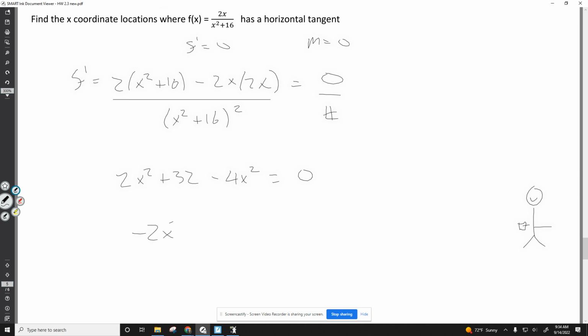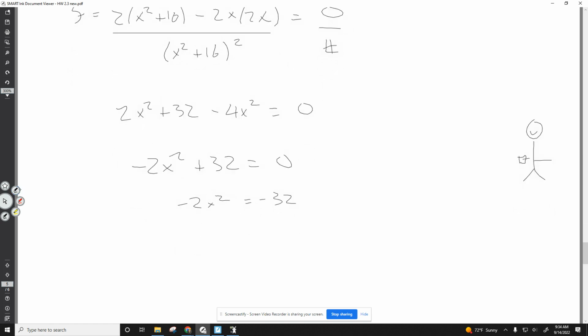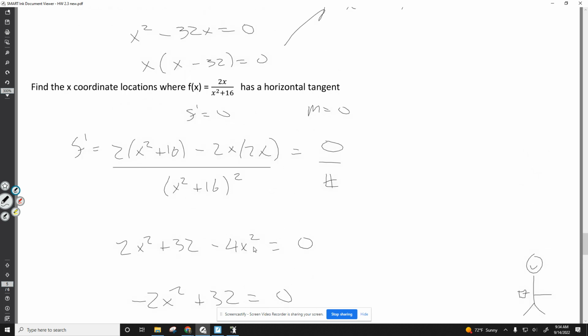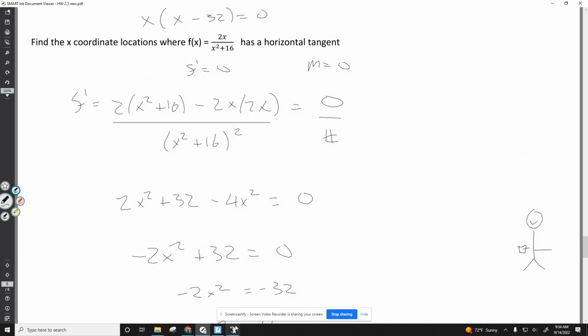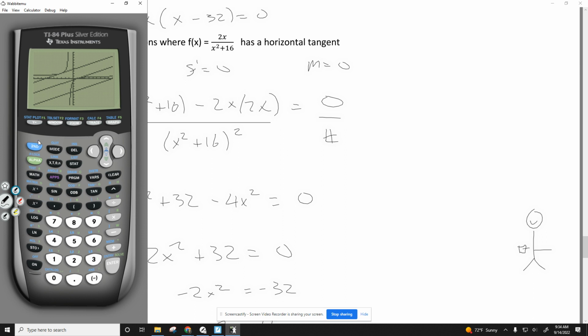Because I have negative 2x squared plus 32 equals 0. Subtract 32. Divide by negative 2. Square root. Boom. X coordinate locations, we could see that if we wanted to.